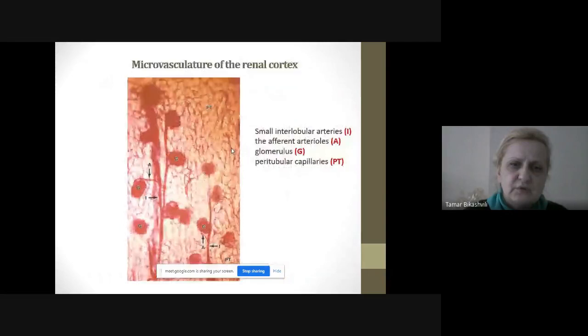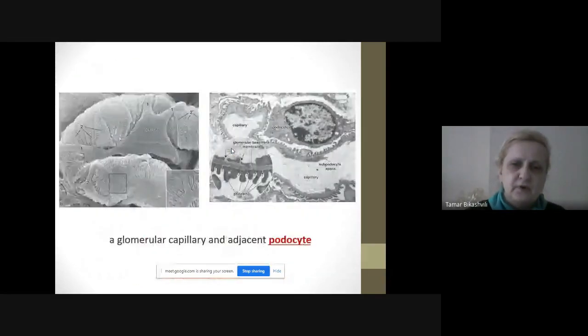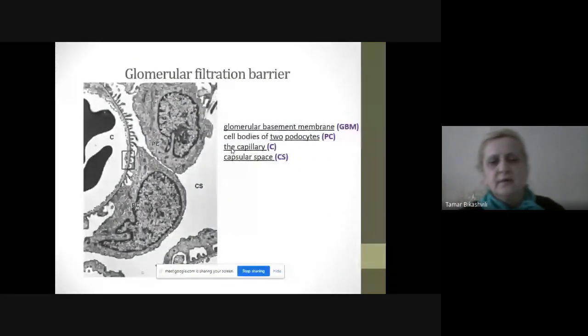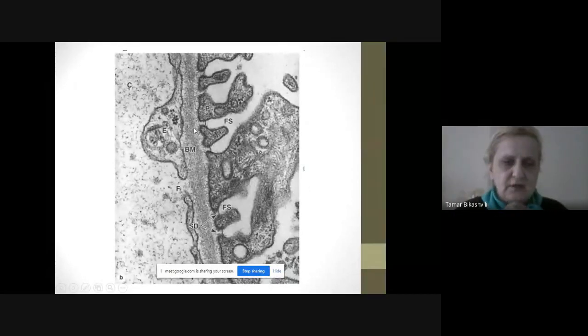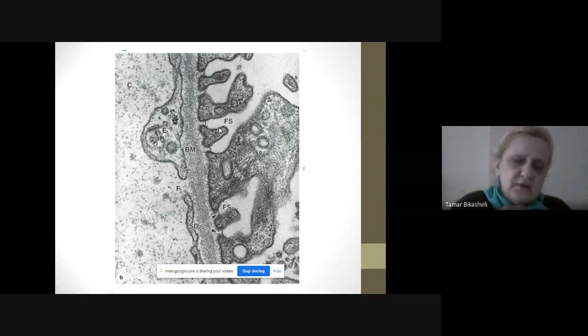We'll start from this. Okay, this is more interesting. Three parts: endothelial cells, so the fenestrated endothelial cells, fenestrated capillaries are here. Then the podocytes form this part, and the basement membrane.